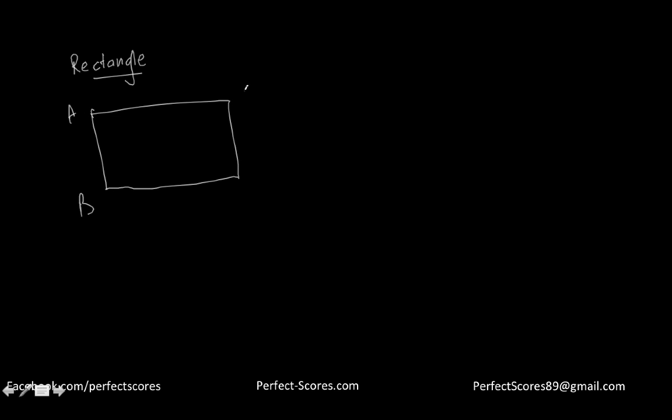Let's say, for example, if I talk about a rectangle, in a rectangle you have four vectors, right? Let's say this is A, B, C, D. So vector AB is equal to vector DC, isn't it? Because they have the same direction and the same length.